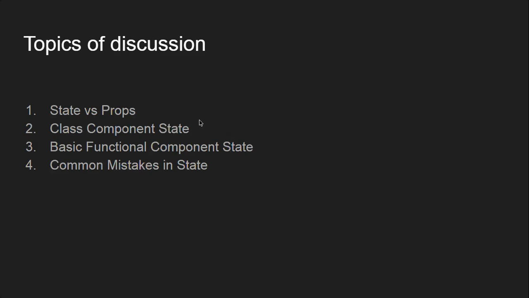Alright, so the topics of discussion today are state versus props, a little comparative discussion on state versus props. Next we are going to create a class component state and a basic functional component state, and after that we are going to learn about common mistakes in state.